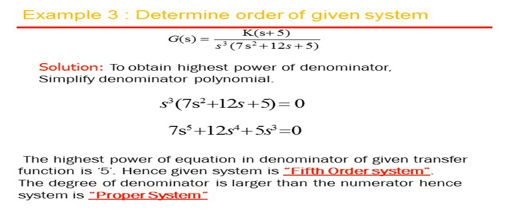So it is a fifth order system, and the degree of the denominator is larger than that of the numerator. The numerator's degree is 1, since the S plus 5 term is in the numerator, while in the denominator the degree is 5. So the degree of the denominator is larger than that of the numerator, hence it is a proper system.